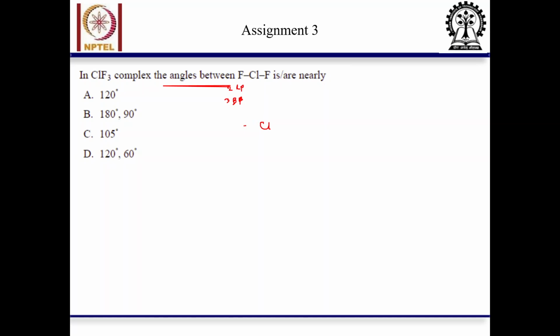So we have one here, another here, F, F, F. Okay. This you just consider as a single bond. So the rule is that lone pairs will occupy the equatorial position. That is the rule. So if you cut the lone pairs, you will get the shape. So this is bent T shape. One F is nearly 180 degrees and the other two F are 90 degrees. So the correct option is B.